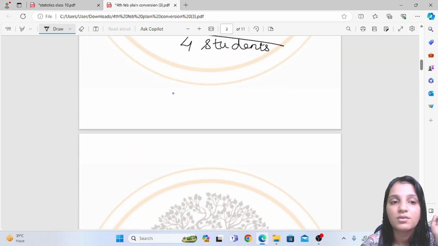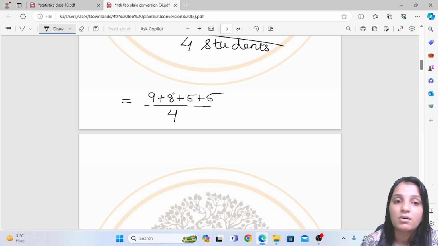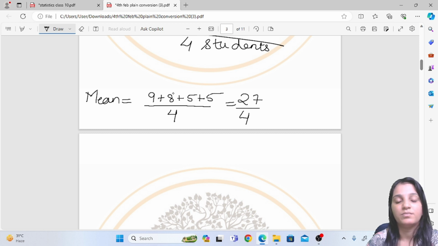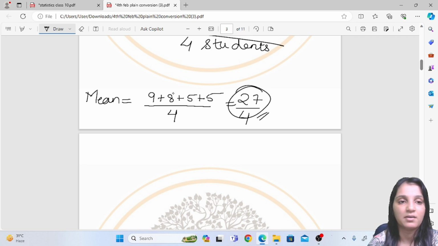You have to add them, 9 plus 8 plus 5 plus 5, and divide by 4. 9 plus 8 is 17, and 17 plus 10 is 27. So 27 upon 4 will be the mean of this data.